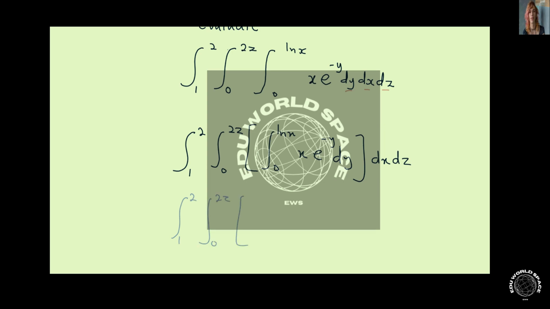Then x is a constant here and y is the variable. So this becomes e to the power negative y over negative 1, and evaluating it from 0 to ln x. And this is dx dz.